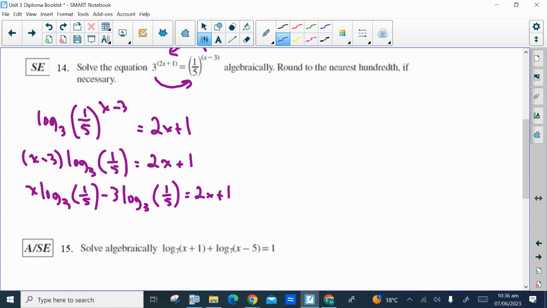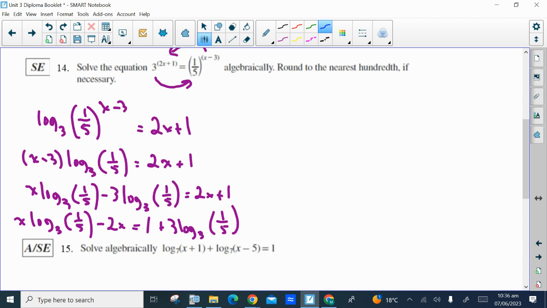So again, I would collect all the terms with x together on one side. I'm going to collect them on the left side, which means you're going to subtract the 2x from both sides. And on the right side, I'll leave the positive 1 there, and I'll also add 3 log base 3 of 1/5 to both sides.